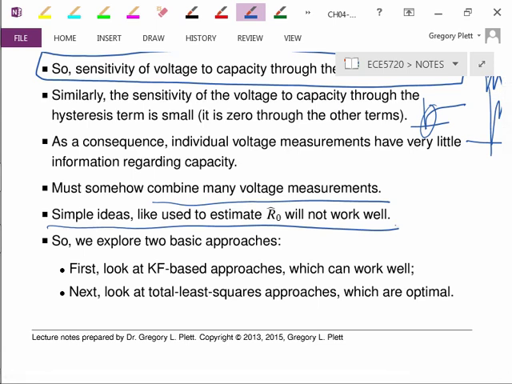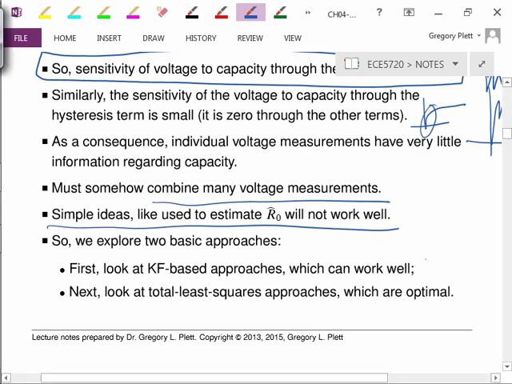One of them is a Kalman filter based approach, and that builds on the material we saw last chapter, so there's not a huge amount of new learning, it's just a new application. So we'll spend a few sections looking at that, and those can work well because the Kalman filter is a recursive estimator, and so it does fold in past information into the present estimate of capacity.